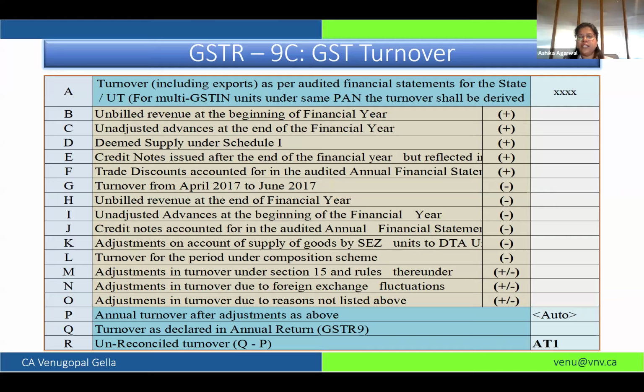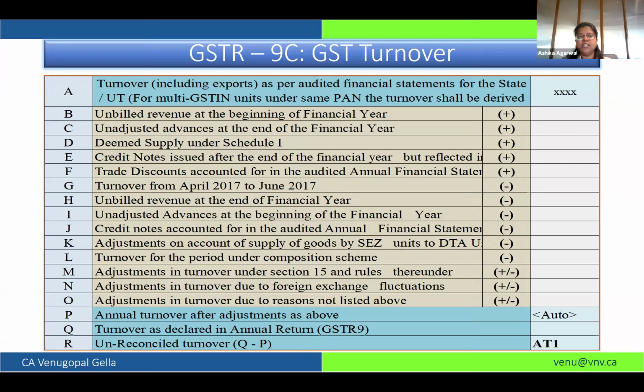Just because you have recognized unbilled revenue, which has increased your revenue, from the GST point of view the same will not be regarded as revenue as time of supply has not come. That's the reason UBR adjustment has been specified.